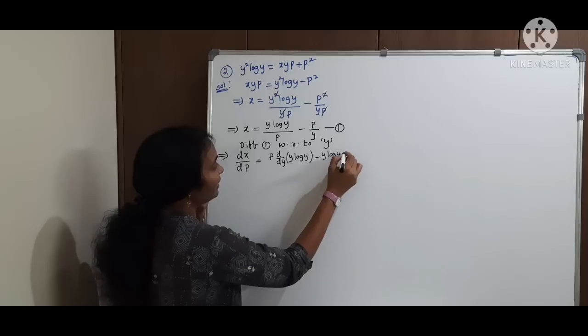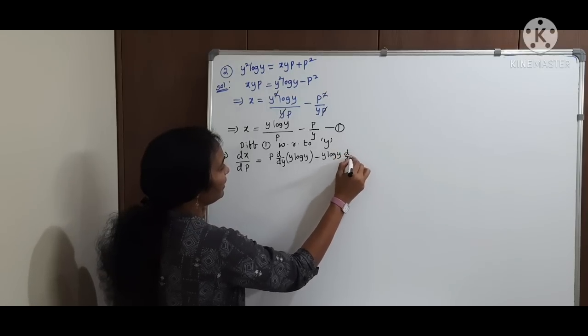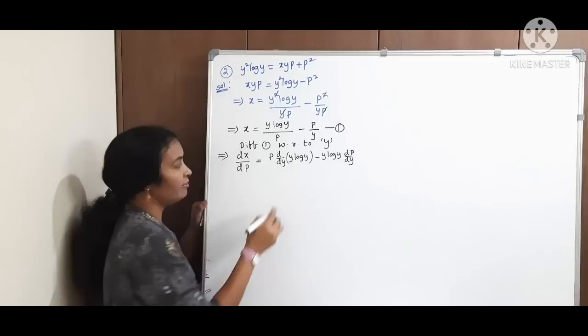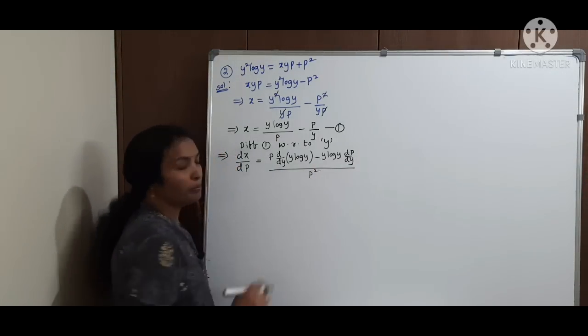Y log y d by dy of p, that is dp by dy upon v square, that is nothing but p square.